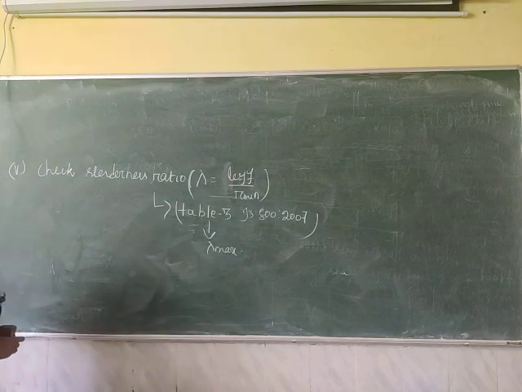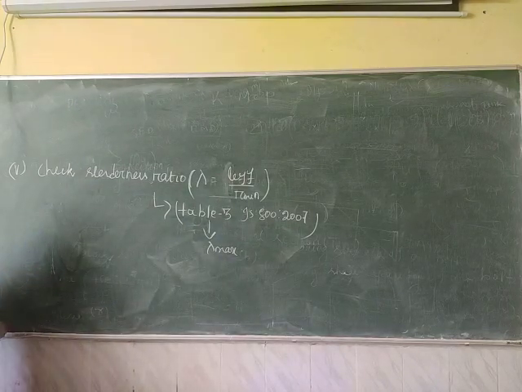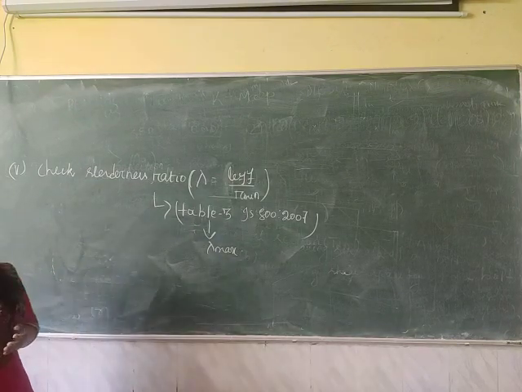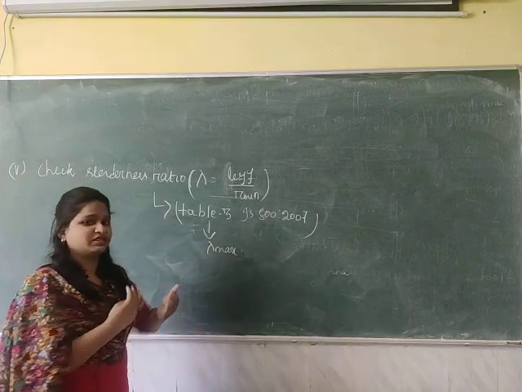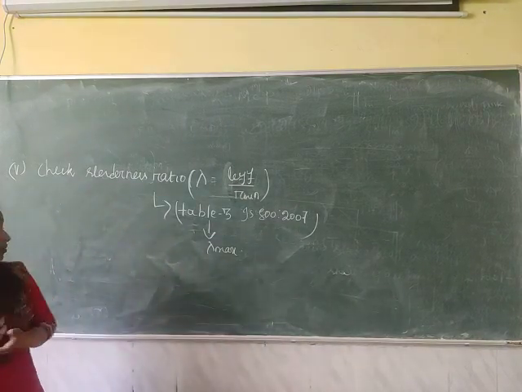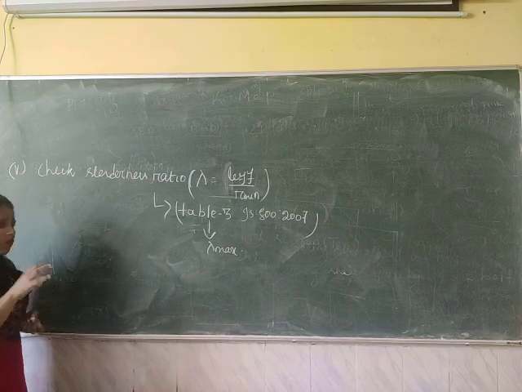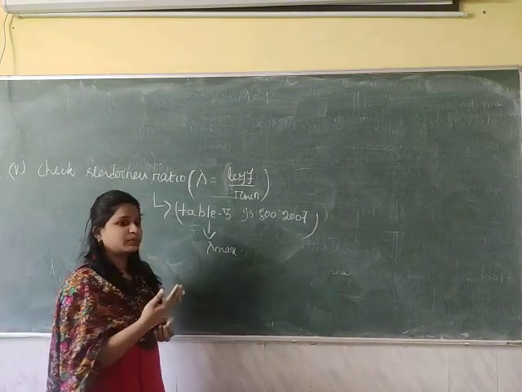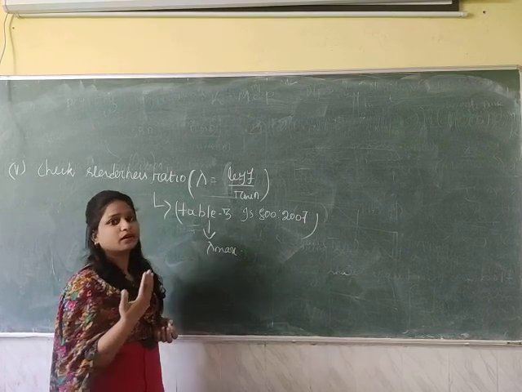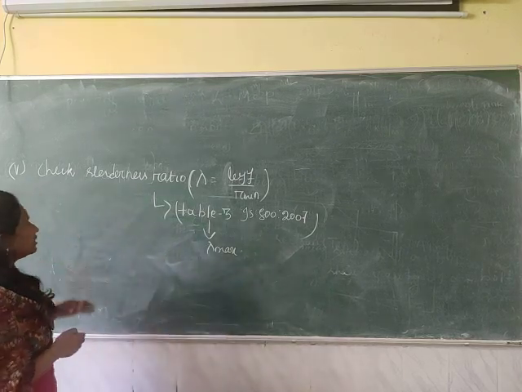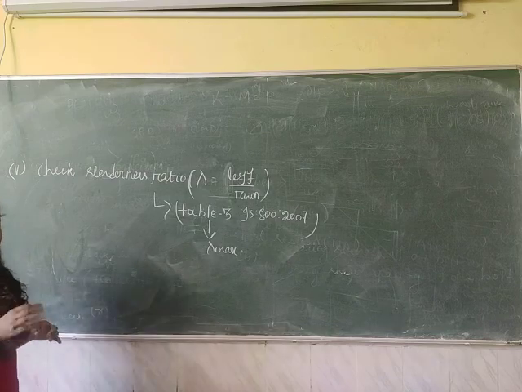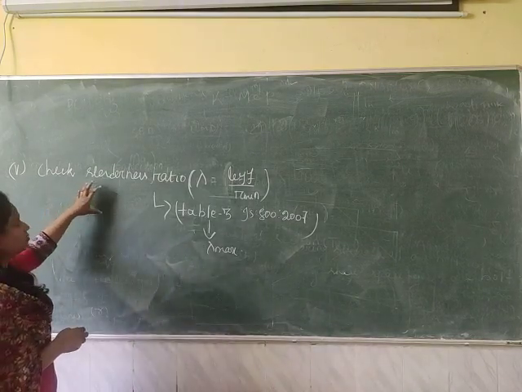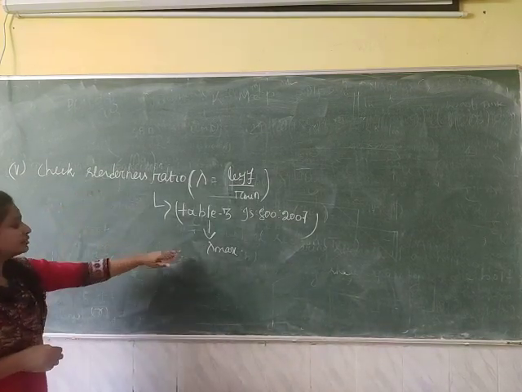There are different conditions. That means when a member is subjected to only compressive force, or when a member is subjected to only tensile force, or when a member is subjected to wind load and earthquake load. According to those conditions the maximum value of the slenderness ratio is given in table number 3.